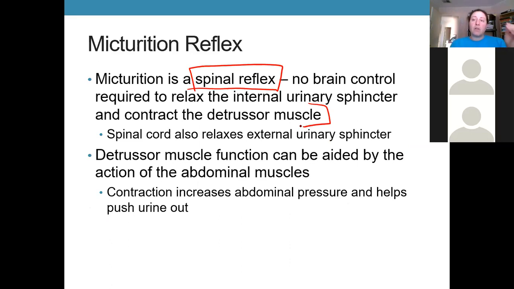You need brain control if you want to stop the process, but that means that people with spinal cord injuries above the level of mostly the sacral nerves is where these guys are, above that will still urinate without a problem. They just can't control themselves and they can't stop themselves from urinating. But that's better than if you're damaged in the wrong place, you can't urinate and it'll fill and you need help to let it out.